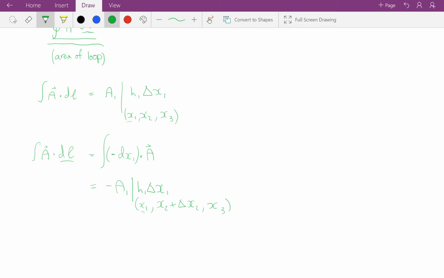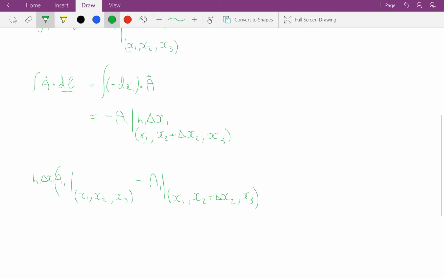Now let's go ahead and add these two components together. So we've got h1 delta x1, and we've got A1 evaluated at x1, x2, x3 minus A1 evaluated at x1, x2 plus delta x2, x3 like so.